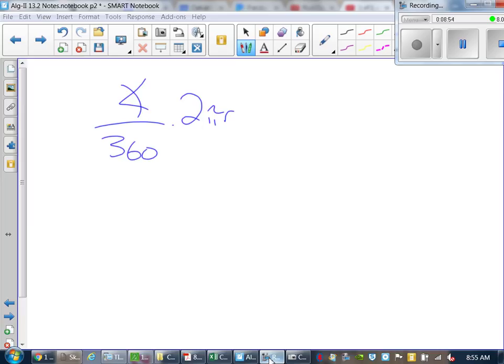What you guys did in geometry is arc length. Arc length is the distance on the perimeter of the circle. So you're looking at the portion of the circumference. You take your central angle, multiply it by 2 pi r, which is the circumference, and divide it by 360.